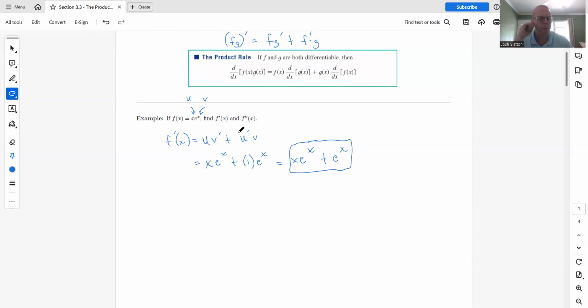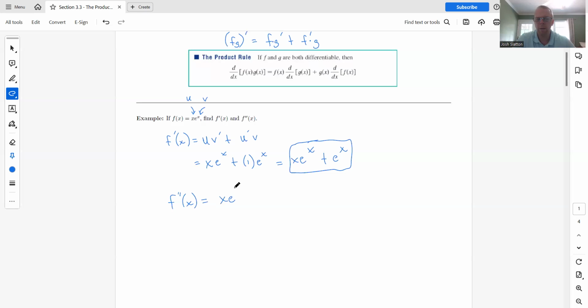We can find the second derivative the same way. So we're going to use the product rule on this first term. Second term is the derivative, we just take that one the normal way. So f double prime. We're going to do the same process. So the derivative of x e to the x, we actually just found.